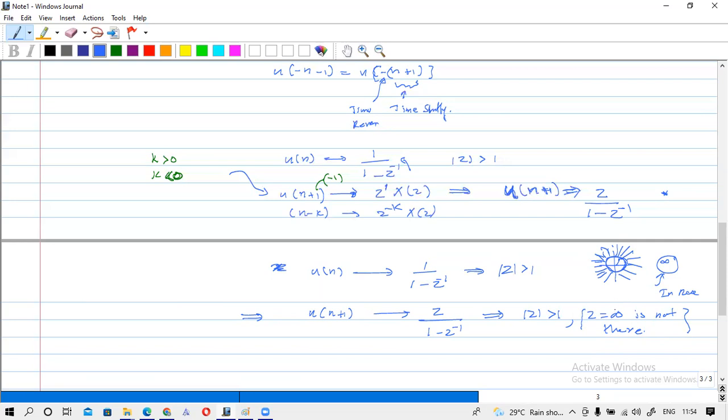I have explained how this happens when k is greater than 0 or less than 0, how z is changing, and we have already illustrated it using the unit impulse function. So I think you have the idea. If you can't remember, please go through that lecture and refresh your memory.